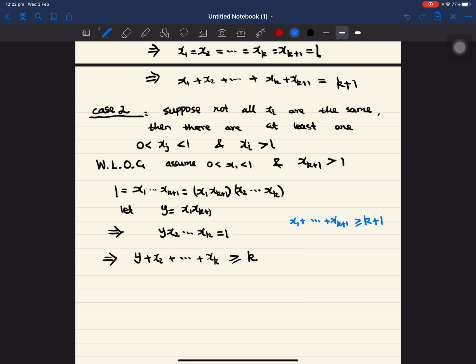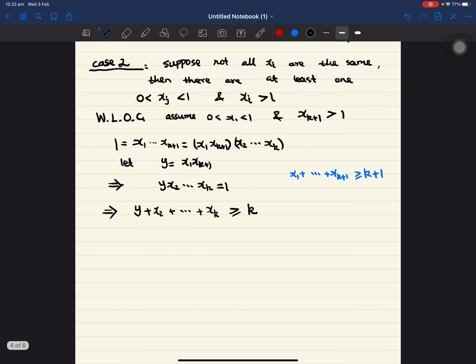Keeping that goal in mind, we do a little bit of algebra. We put x1 plus all the way to xk plus x(k+1) plus y greater than or equal to x1 plus x(k+1) plus k, and we move y to the other side.